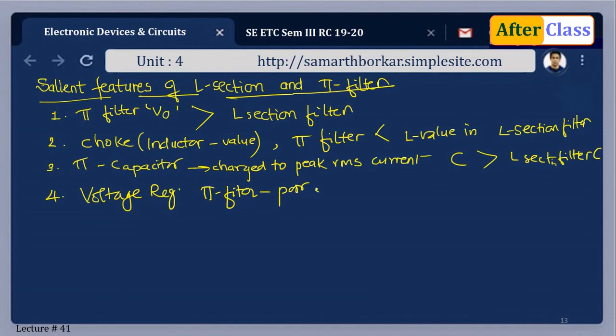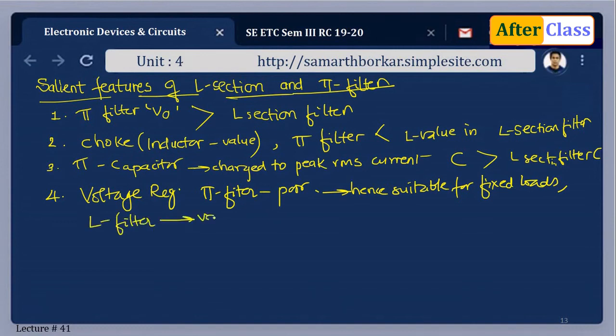So PI filters are suitable for fixed loads, whereas L section filters can work satisfactorily with a varying load, meaning changing load, provided a minimum current is maintained all the time.